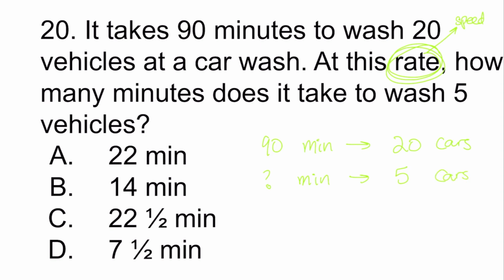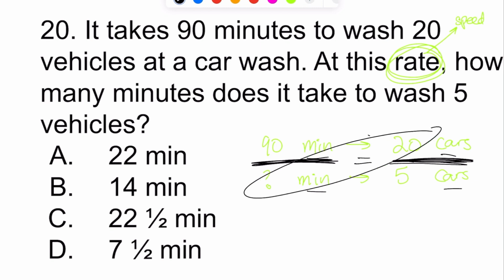So the units are going to be really important, because when I have the units written like this, where minutes line up with minutes, cars line up with cars, you can then compare these rates by using a proportion. So you can turn this into a fraction, turn this to equal sign, and then you can cross multiply.